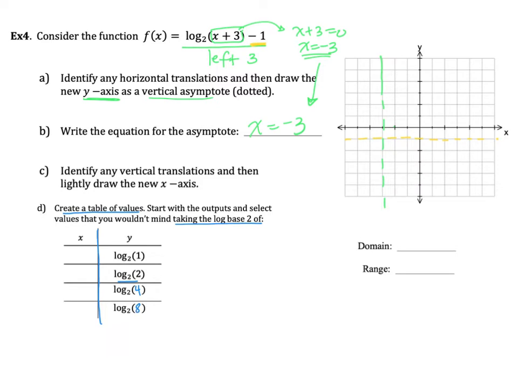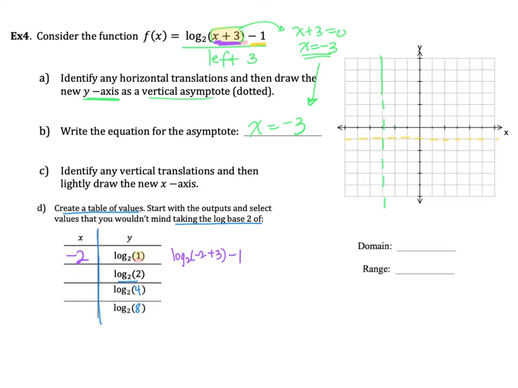Now, we want this value to become 1. What does our x value need to be in order to make the inside of this parentheses equal to 1? Well, the x value would need to be negative 2. If I plug in a negative 2, I would get log base 2 of (negative 2 plus 3) minus 1.